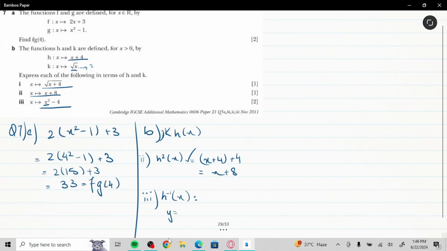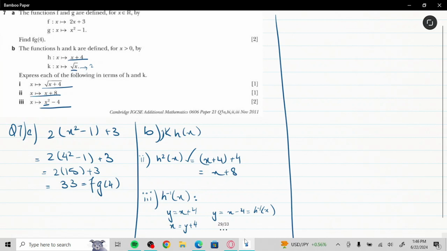So if we find the inverse of the function h, what would it be? So we would say y is equal to x plus 4. We would interchange the x and y values, x is equal to y plus 4. And we would say that y is equal to x minus 4, which would be the inverse of the function h. And we would say, wow, we do have x minus 4, but still we need x squared. And for that, we would find the inverse of k, because there's a square root here.